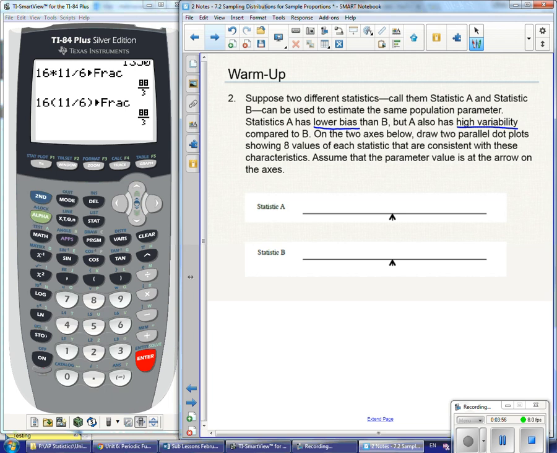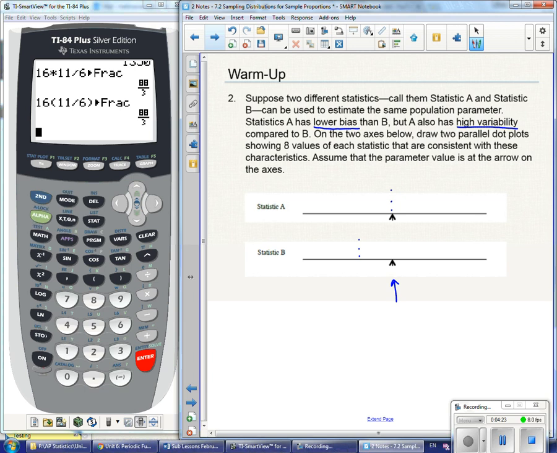So remember, with bias, we're talking about whether or not the center of our sampling distribution matches the center of the population. And if it's not on target, then we say that there's high bias. So if A has lower bias than B, the center of my distribution is going to match the center of the population. If B has higher bias, then that means that the center of its distribution is going to be off center.